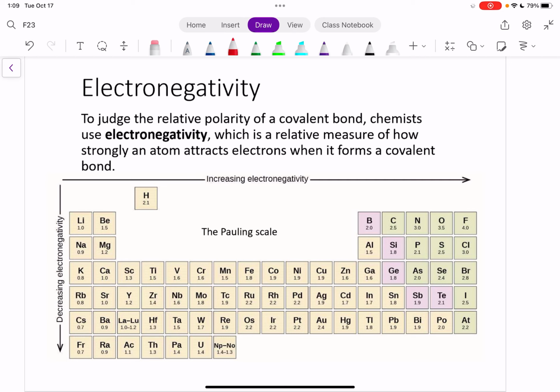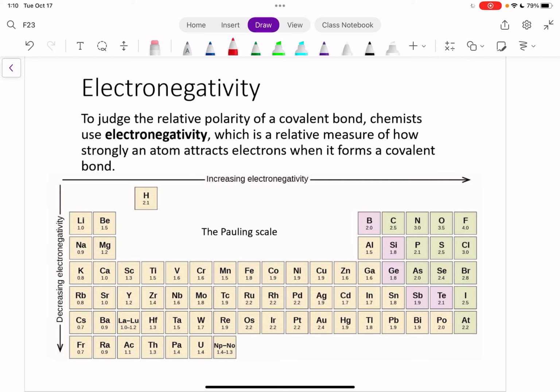So what we can do is say, okay, I know which two atoms are bonding together in this covalent bond, sharing electrons, but I want to know which atom, if any, is going to pull those electrons towards itself more, creating that polarity, because that's going to dictate how those molecules behave in nature, whether they're polar or not polar, and we'll talk about that in the future.